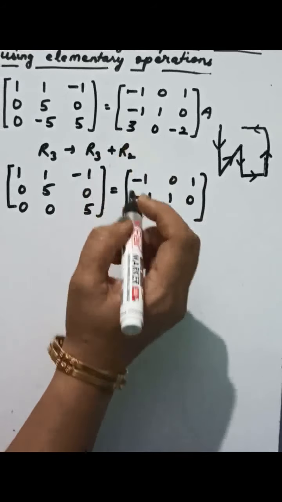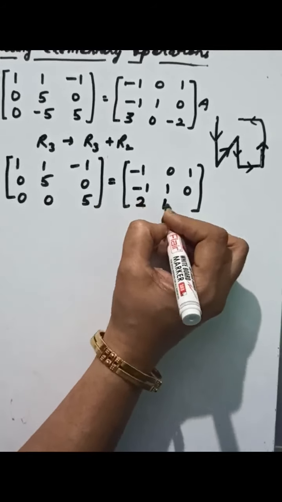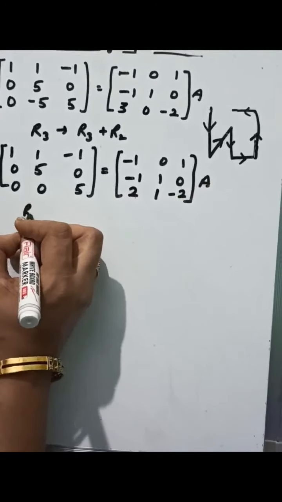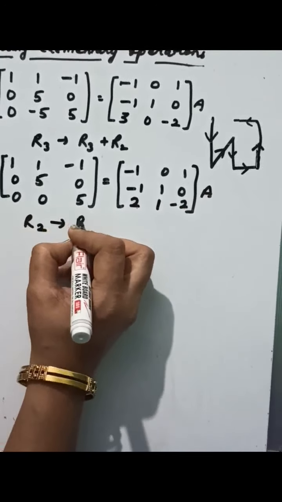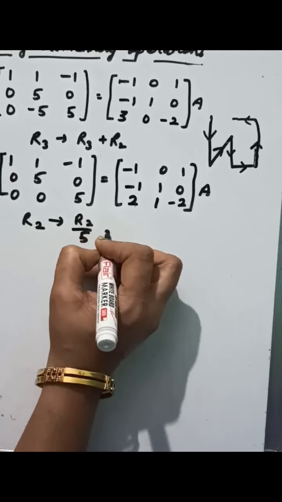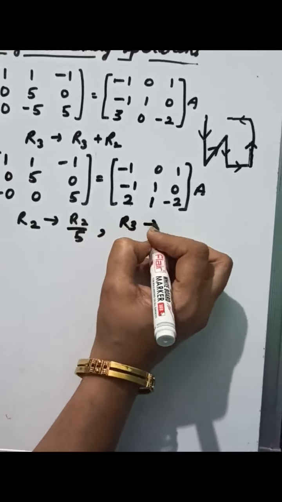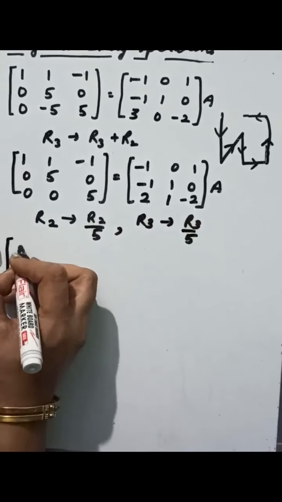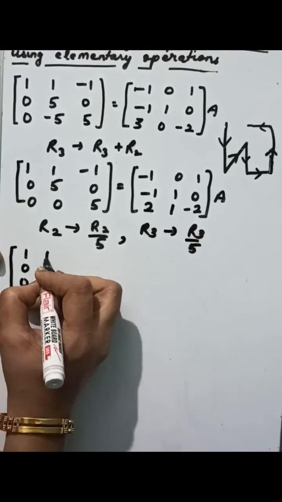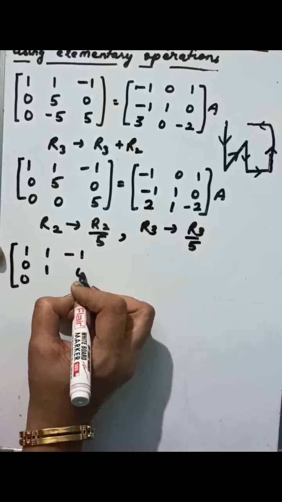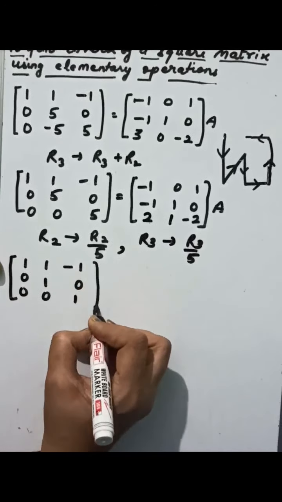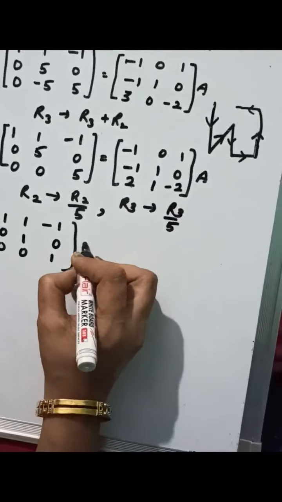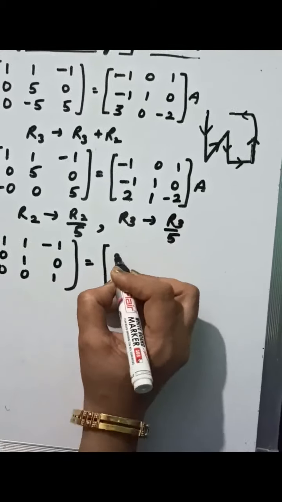So 3 minus 1, 2, 1, minus 2, A as it is. Now divide the second row by 5, and simultaneously divide the third row also by 5. Same operation to be applied on the other side.